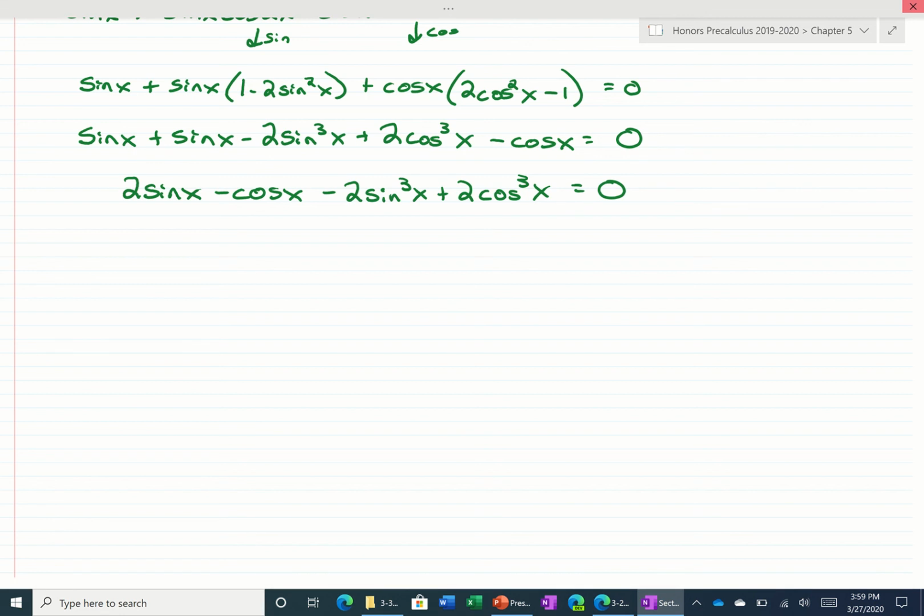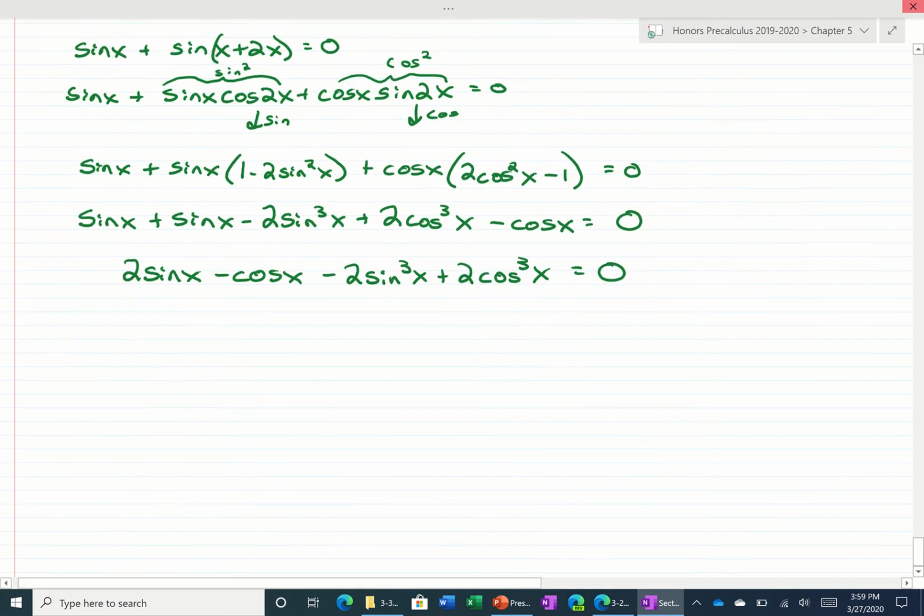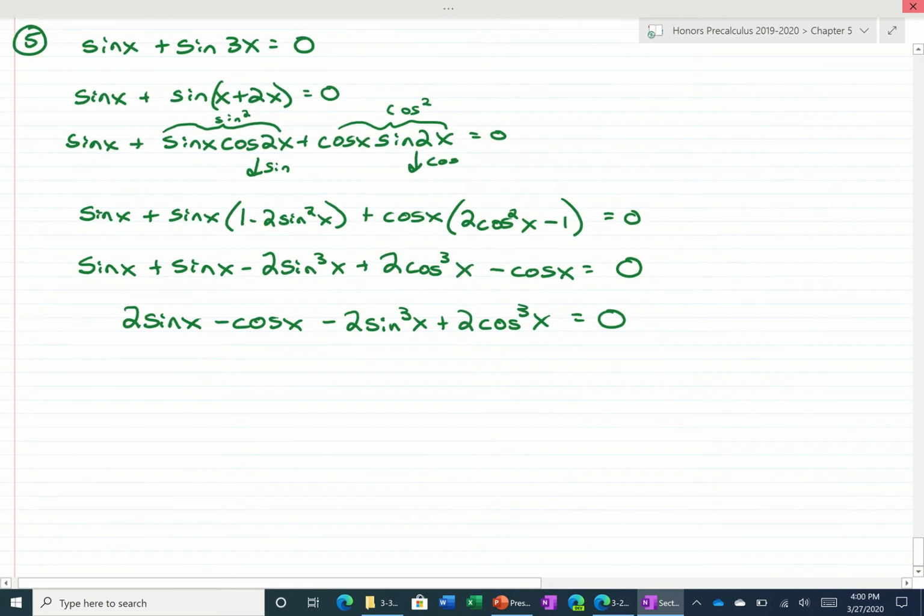Well, trying to figure out what we could do with this. Is there a way we could try to get all the same trig functions? I think I made a mistake over here. Right there.